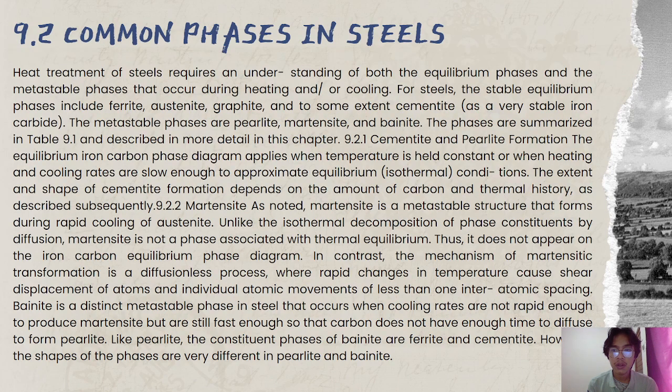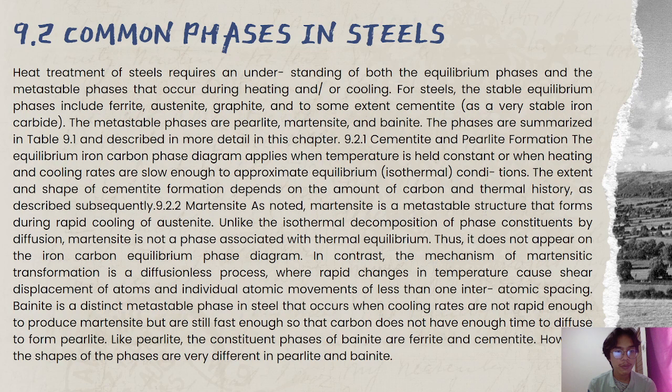Cementite and pearlite formation: the equilibrium iron carbon phase diagram applies when temperature is held constant, or when heating and cooling rates are slow enough to approximate equilibrium, isothermal conditions.